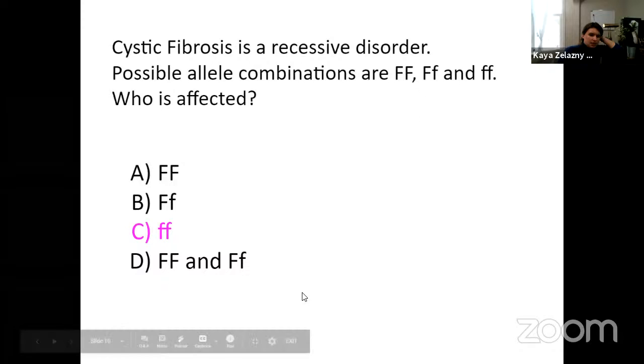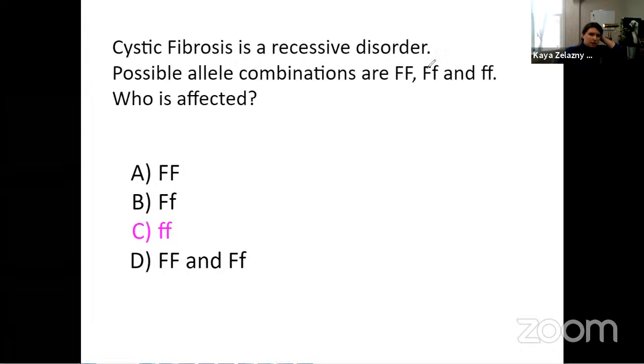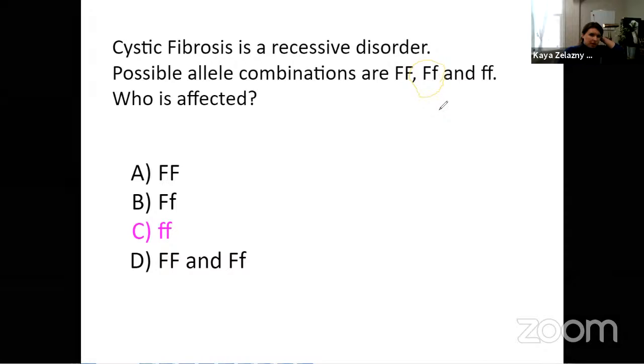It is the case, however, that we will often be interested in people who are heterozygotes, right? Not because they express the disease themselves, but these are the individuals we're going to think of as carriers for a trait.